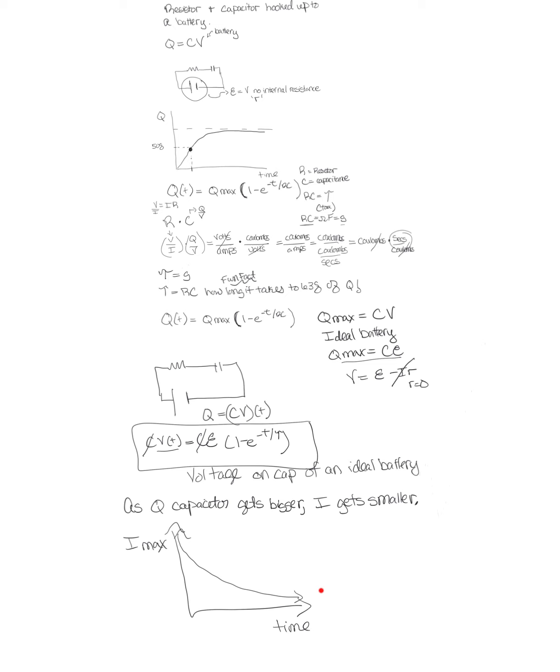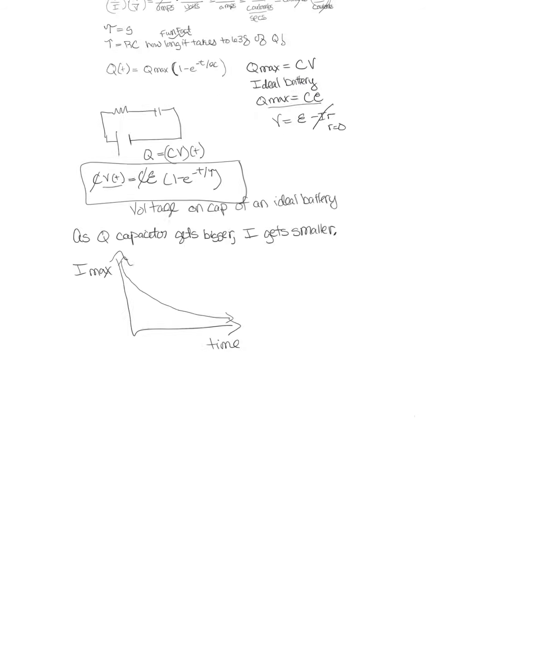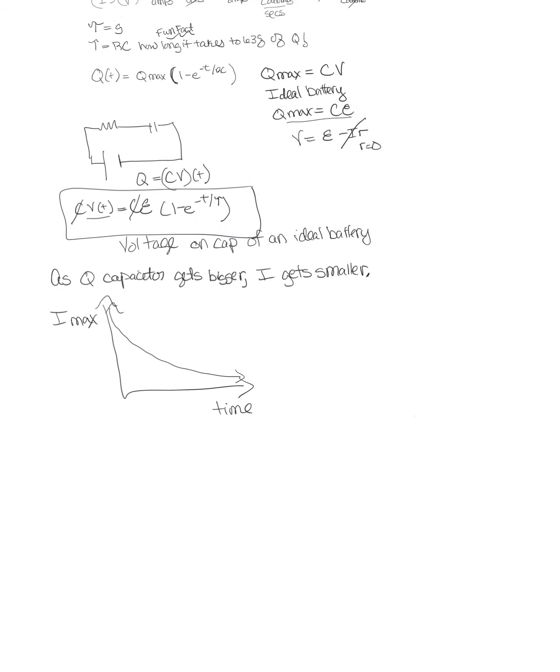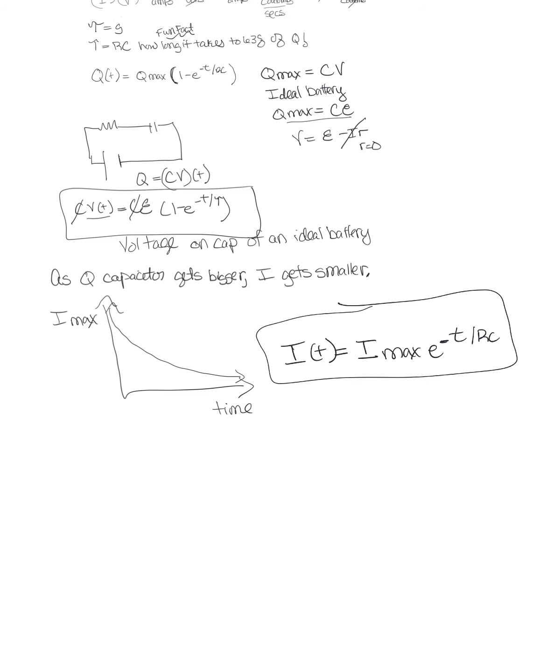And we'll see that the current is the exact inverse pattern of that. Okay. Now, if you want to find the current at a particular charging time or discharging time of your capacitor, this is the equation that you would use for that. You could also use tau. This is current at a specific time.